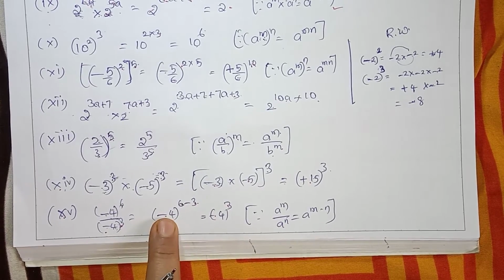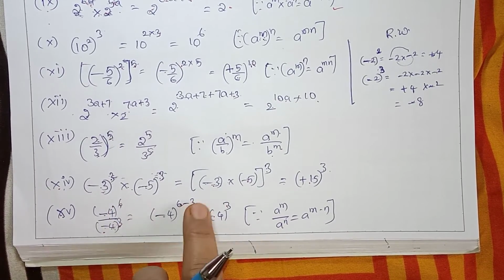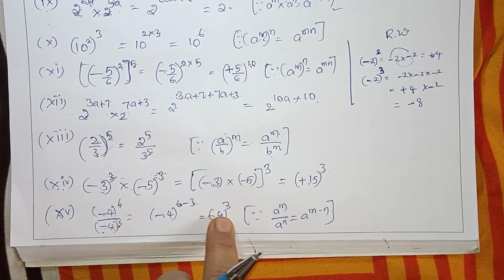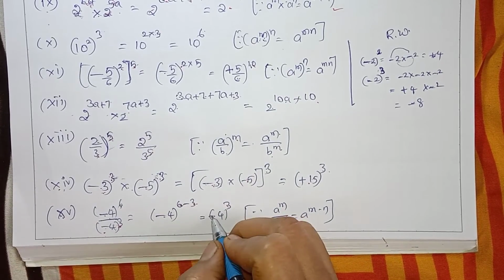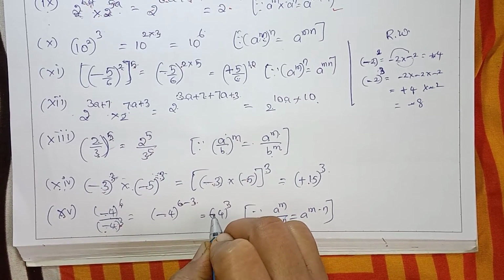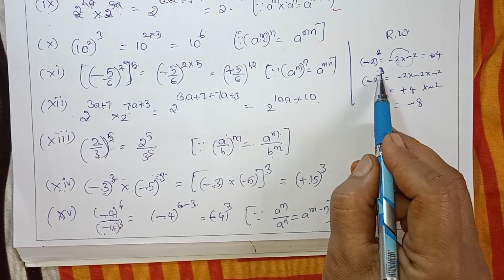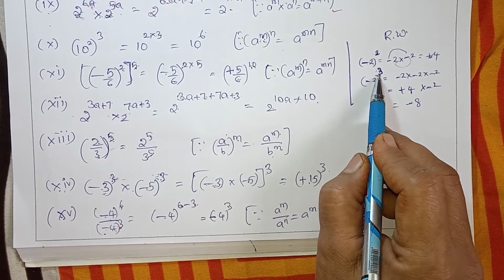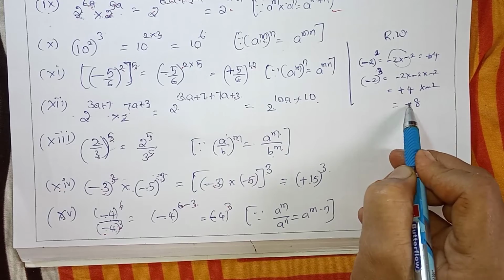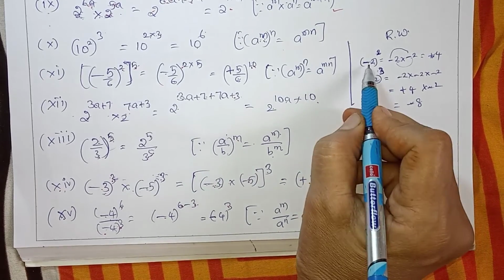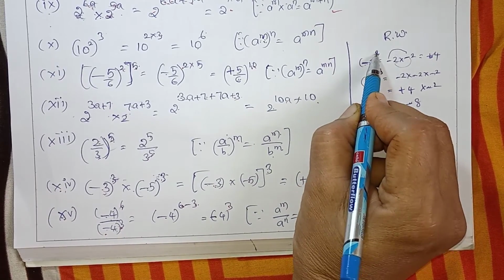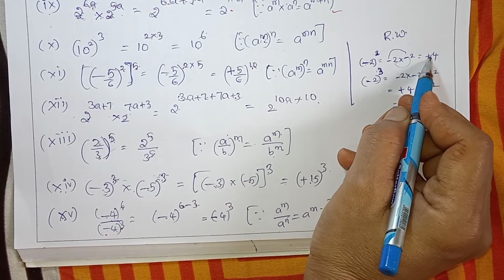So minus 4 whole to the power of 6 minus 3. The answer is minus 4 cube. Here the answer will be negative, because what I said: if the negative number's power is odd, the result would be negative only. If the negative number's power is even, the result will be positive.